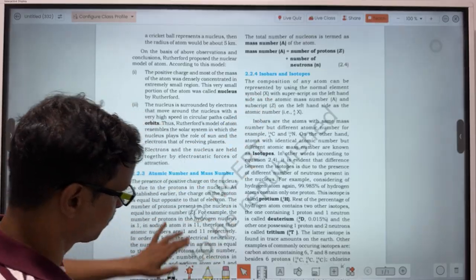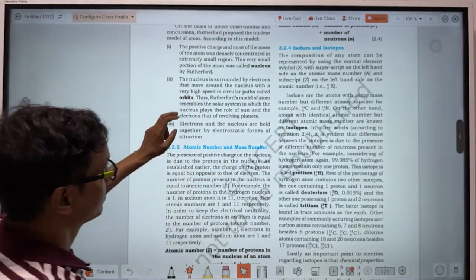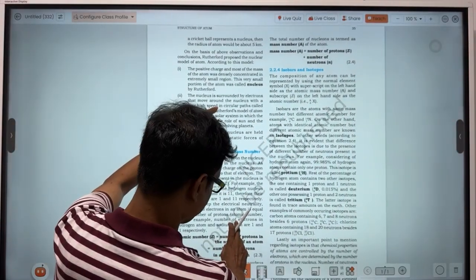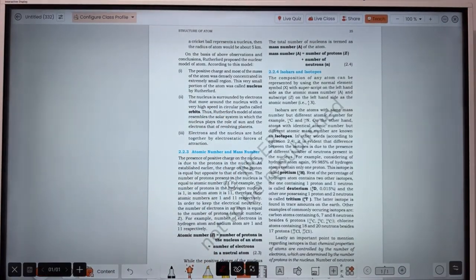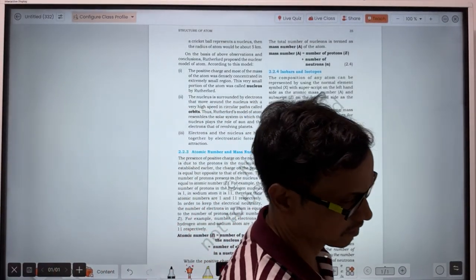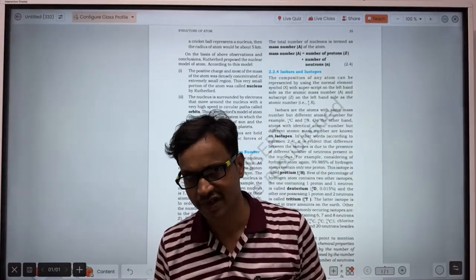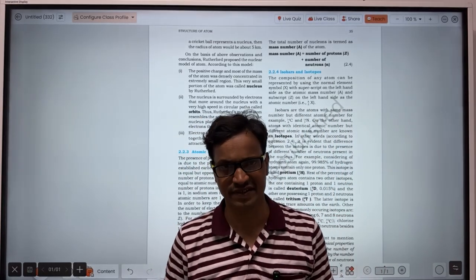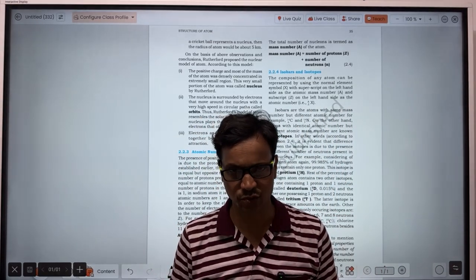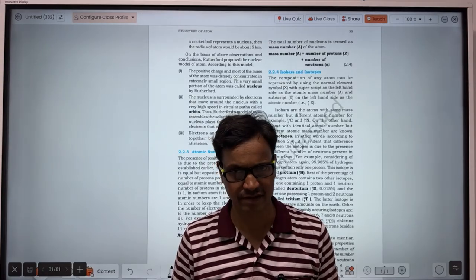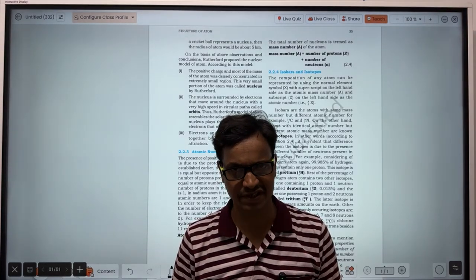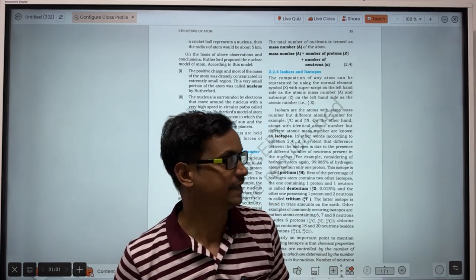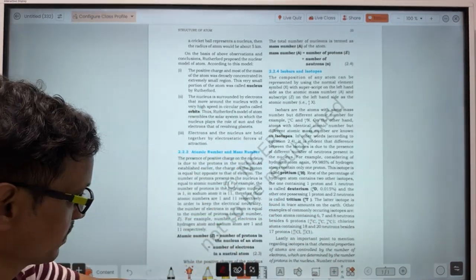What is isotope and isobar? Iso means same. So isotope means the atomic number will be the same but the mass number will be different. So isotopes are the elements which possess the same atomic number but different mass numbers.